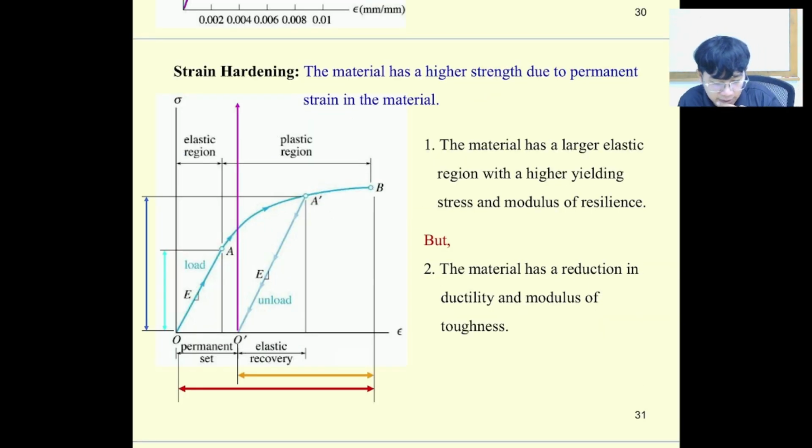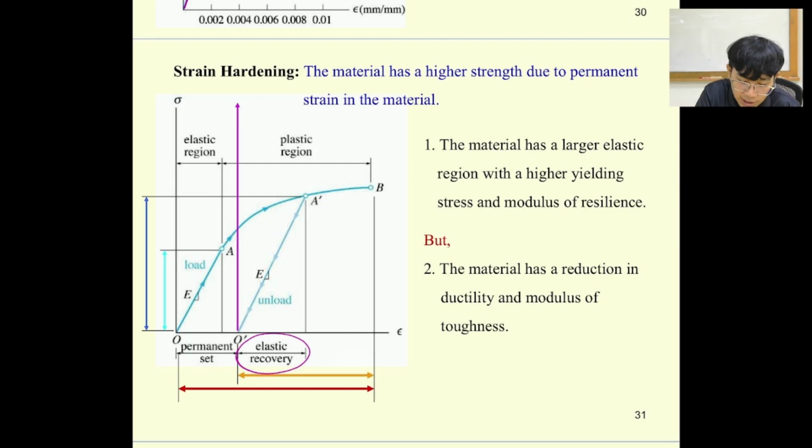All right. Next is going to be the strain hardening point. This one, just to remind you again on the elastic recovery, similar to what we have talked about in the first few slides, that when you apply the load over here in the elastic zone and then release, nothing happens, right?